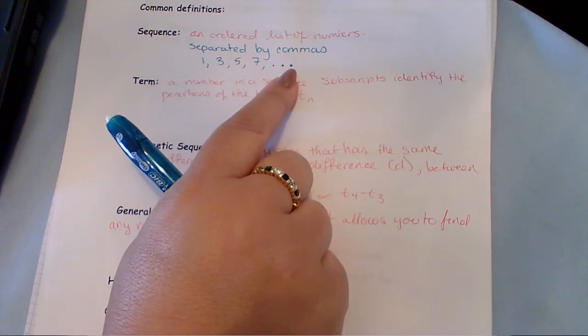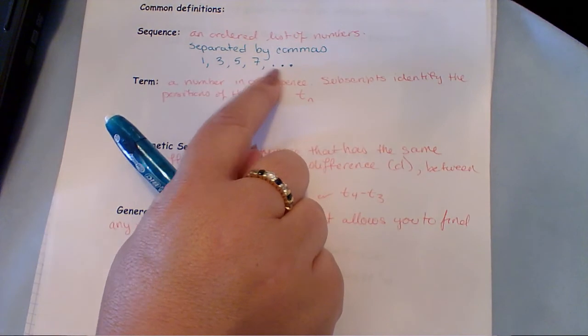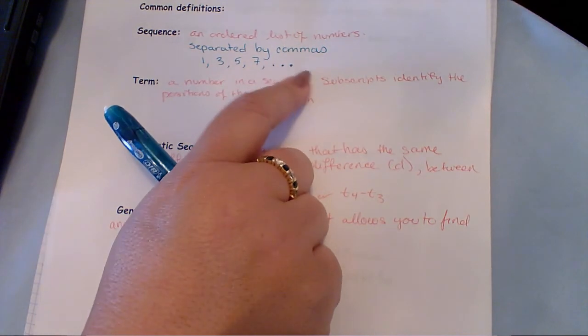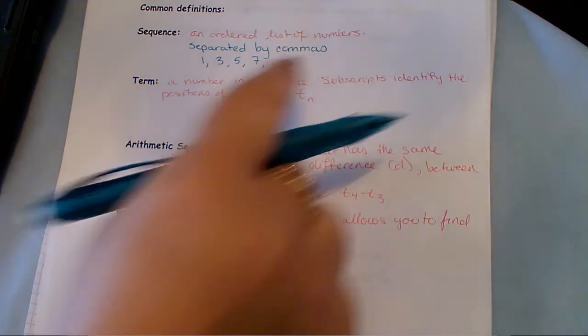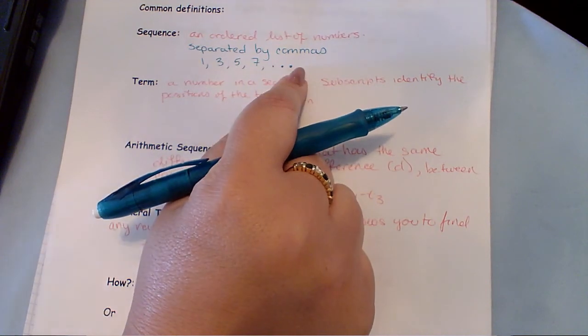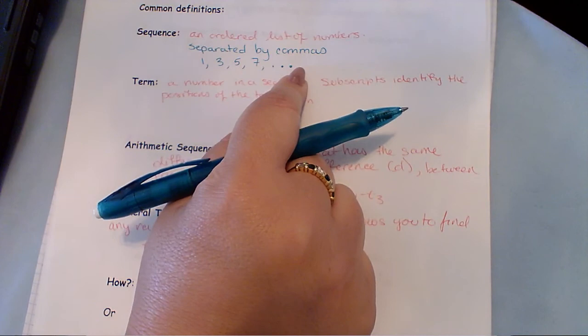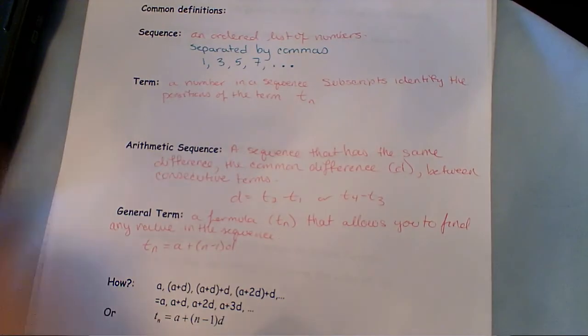These three dots are called an ellipsis. It just means that it keeps going and there's nothing at the end, so I don't know what number is in the last spot. If I saw a number after the dot, dot, dot, that number would indicate it's the last number in the sequence, so the sequence stops at some point. So that's what a sequence is.